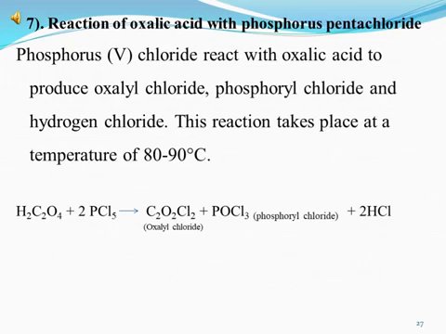Oxalyl chloride is a chemical compound, a colorless, sharp smelling liquid. The diacyl chloride of oxalic acid is a useful reagent in organic synthesis. It can be prepared by treating oxalic acid with phosphorus pentachloride.